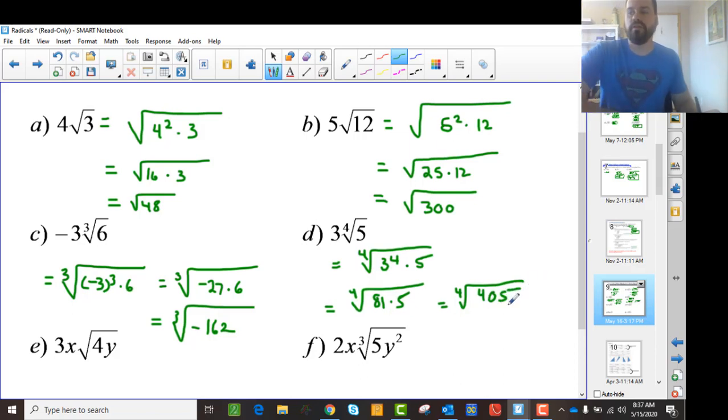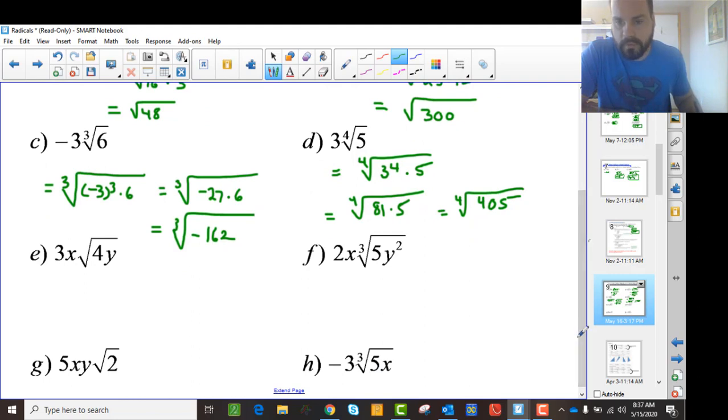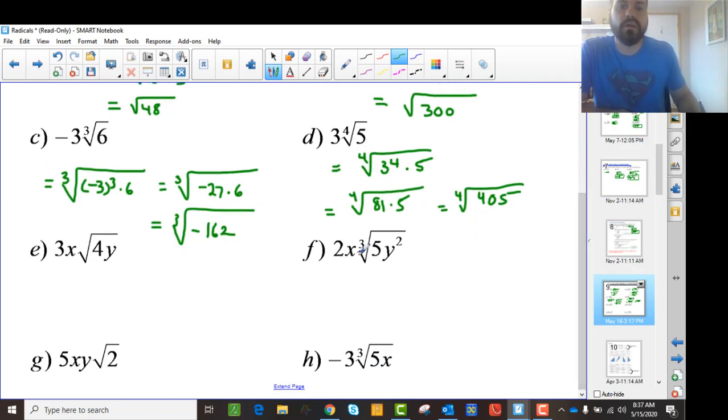Okay, so hopefully you're getting the hang of that. It's much easier, I think, than going the other way around. There's a bunch of other examples here. We'll just do one of them here. It's 2x and then the cube root of 5y squared. So that's going to become the cube root of 2x cubed times 5y squared.